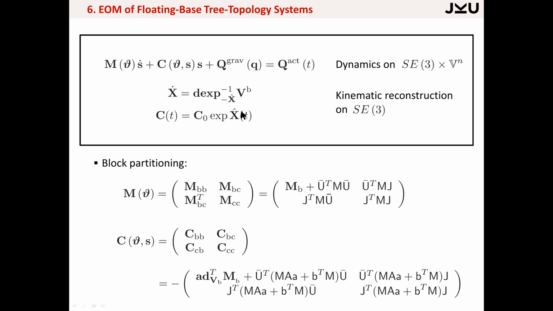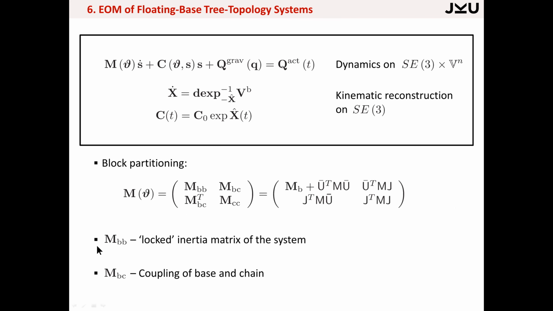Now the interesting thing here is that these equations, but also this mass matrix and the Coriolis term matrix, the M and the C, are partitioned, because you can split this according to the equations for the base and for the kinematic chain. And this M_BB serves different purposes.